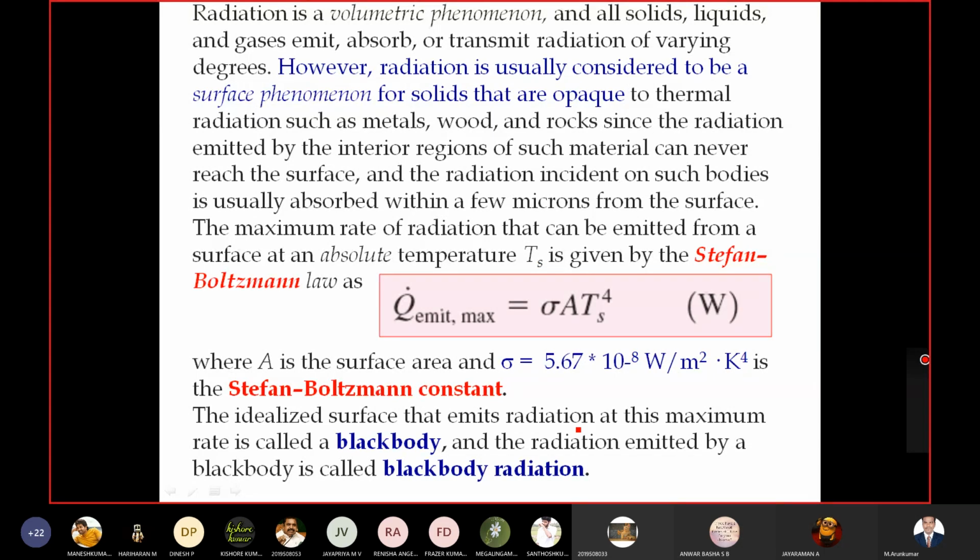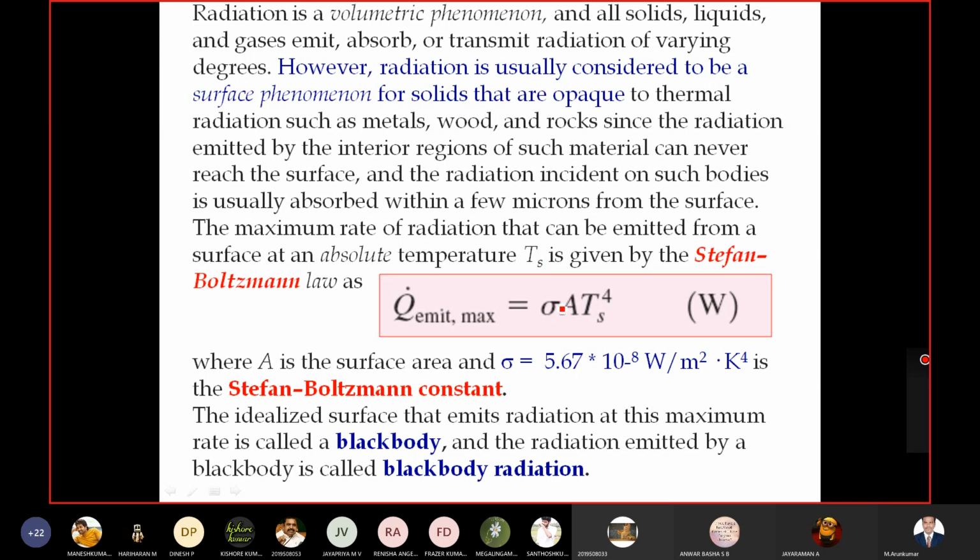So the maximum rate of radiation that can be emitted from a surface at an absolute temperature is given by Stefan-Boltzmann's law as Q dot equals sigma A Ts to the power 4, where Ts is the temperature of the surface, in units of watts.